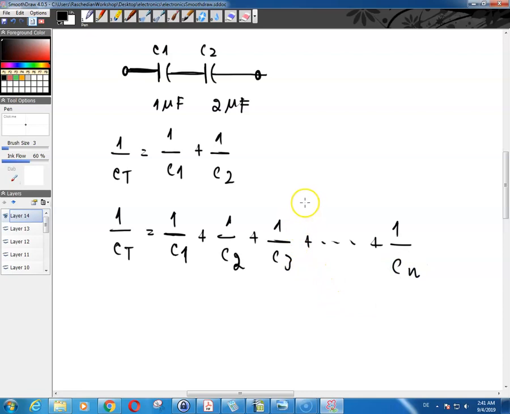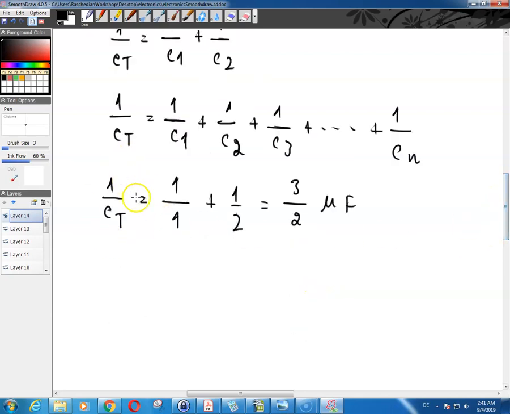So now the total capacitance here, for example, 1 over C of t would be equal to 1 over 1 plus 1 over 2, and of course the unit is in microfarads, not in farads, because both of them are in microfarads. So that's 3/2 microfarads. Now this is 1 over C of t. So that means that C of t itself is the reciprocal of this, which is 2/3 microfarads.